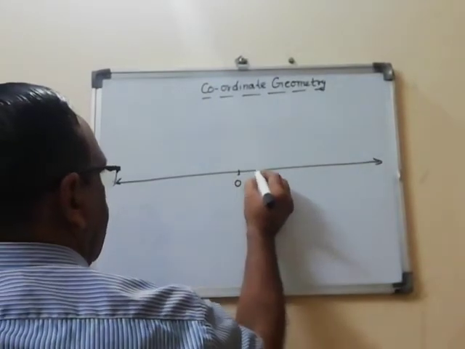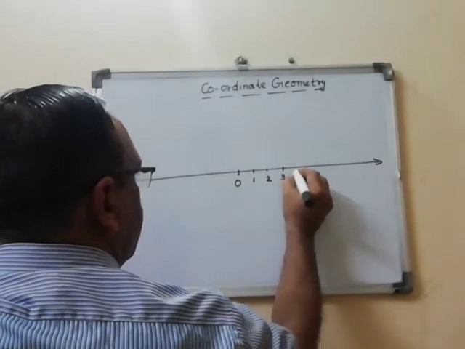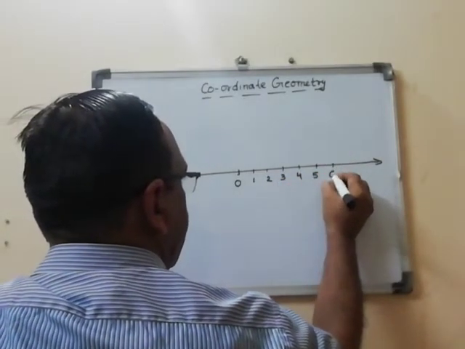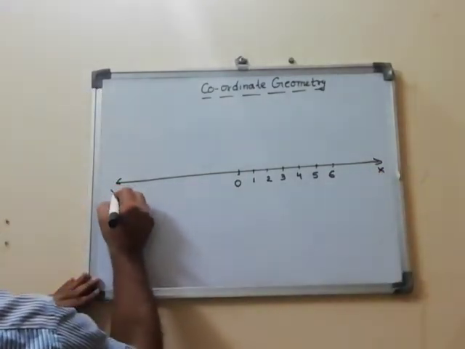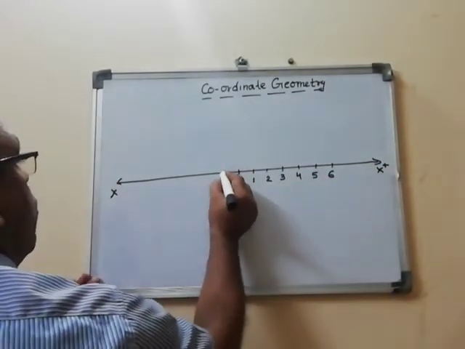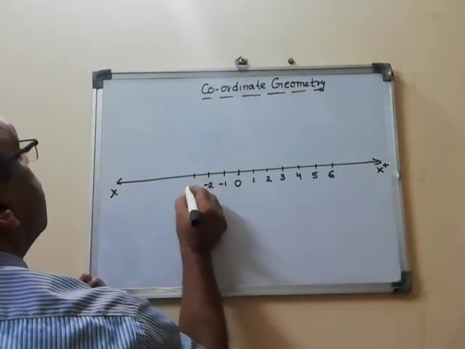At the center 0 is there, here 1, 2, 3, positive numbers are there on the right side and so on. That means this is the x-axis. X positive values are there on the right side, on the left side negative values are there.